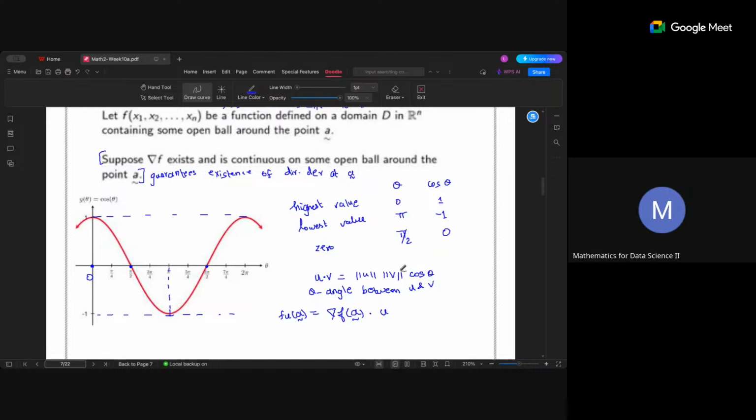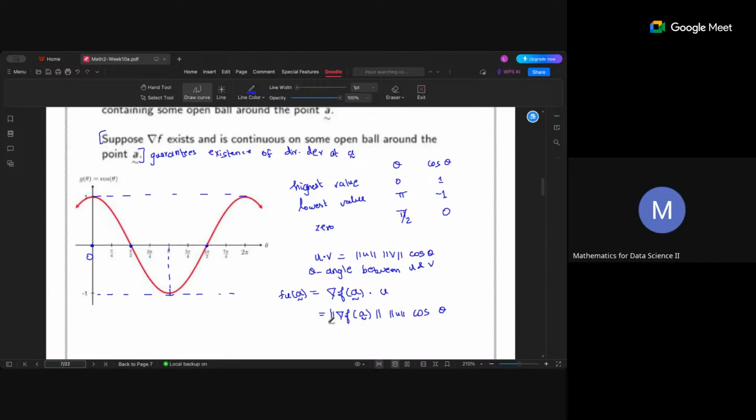So now let us use the same formula here, with cos theta, where theta is the angle between the gradient and the unit vector.